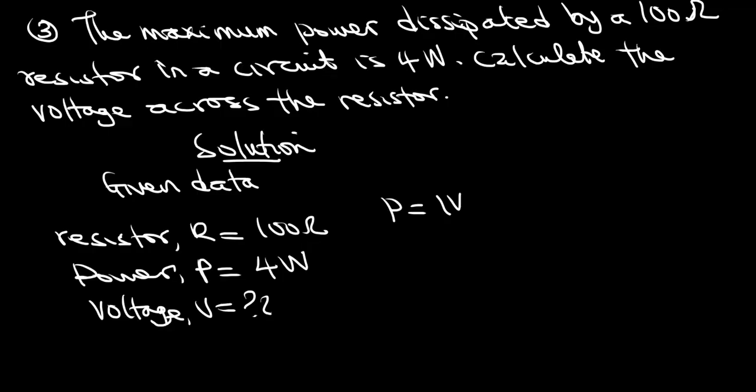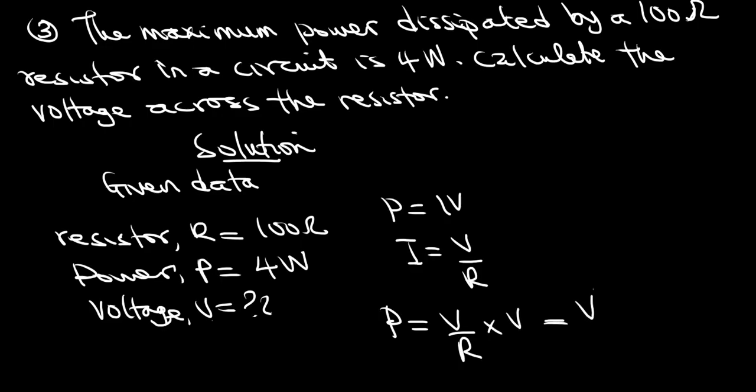We are given the resistance and the power, though we are looking for the voltage, and also we know that current from Ohm's law is equal to V over R. Now, on substitution, we have P equal to V over R times V, and that is going to be V square over R.